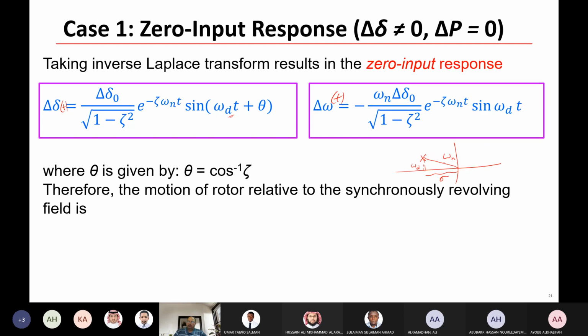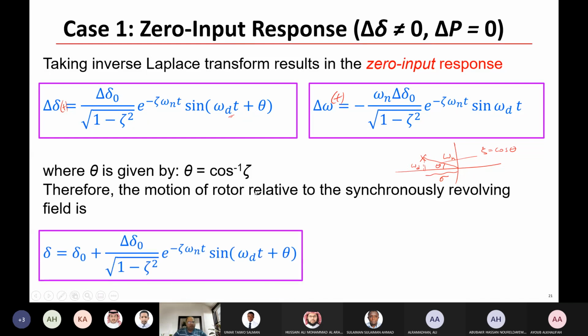And you have here cosine theta; zeta equals cosine theta. So theta is defined as cosine inverse zeta.